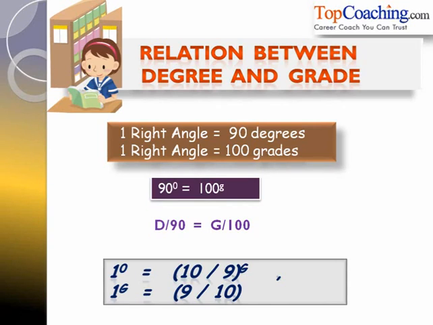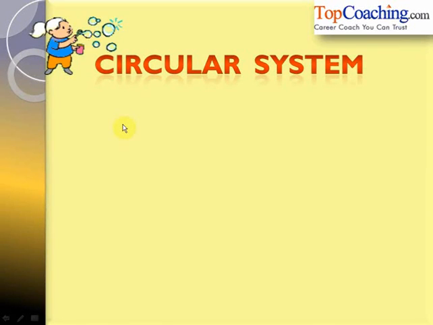This relation helps us to calculate the measure of an angle in grade if it is given in degree, or vice versa. Now let's look at the third system of measurement, which is known as the circular system.